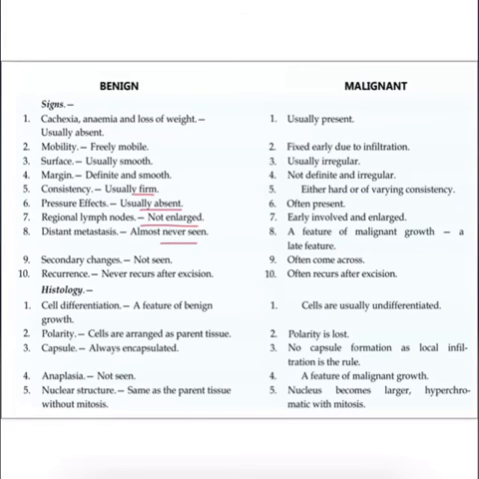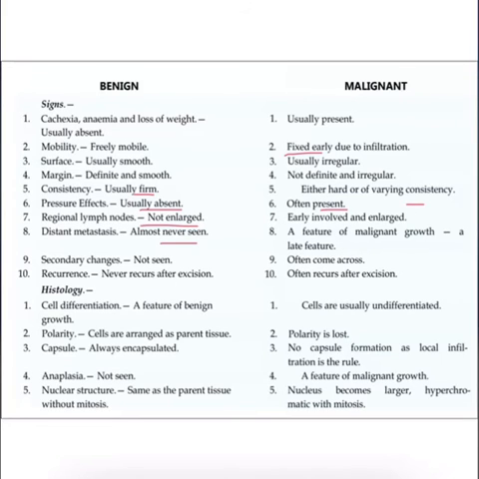They are all seen in the malignant, like they are fixed, not mobile, margins are usually irregular, not definite, surface is irregular, consistency mostly hard or very varying, like here it is soft and nearby tissue hard.